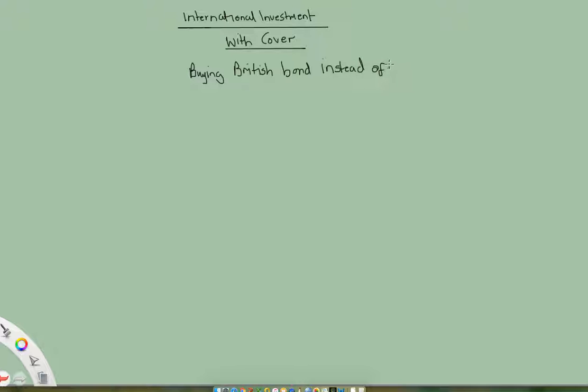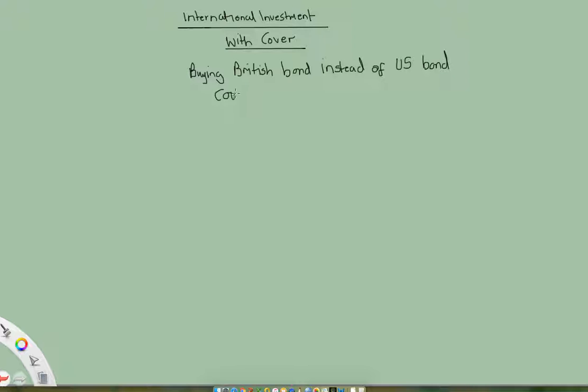And for the most part, most people regard the US and the UK as comparably risky in terms of country risk, so they don't have really different risk profiles in terms of whether they're likely to default. So the only thing that's going to differ between these two bonds is the interest rate, the rate of return on the bond. So buying a British bond instead of a US bond. This is going to be our international investment.